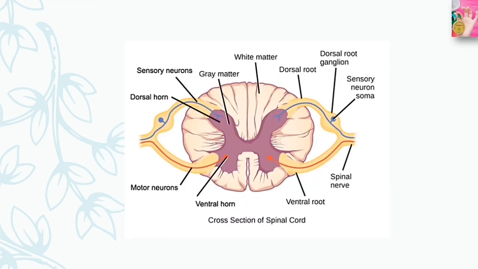The spinal cord consists of gray and white matter. The dark gray color in the center of each segment represents gray matter, and nerve cell bodies are located in the gray matter. Surrounding the gray matter is white matter. This is where the axons of the spinal cord are located.